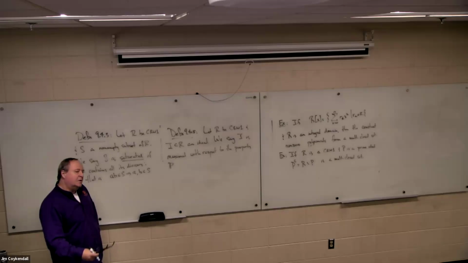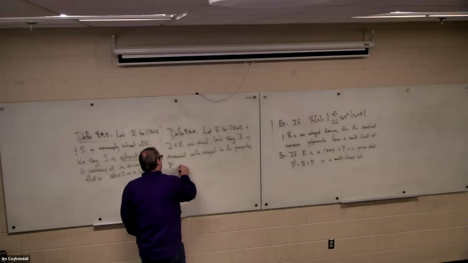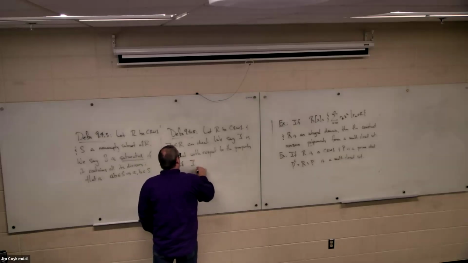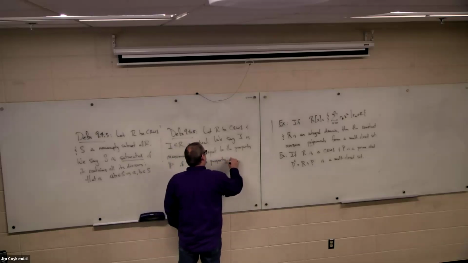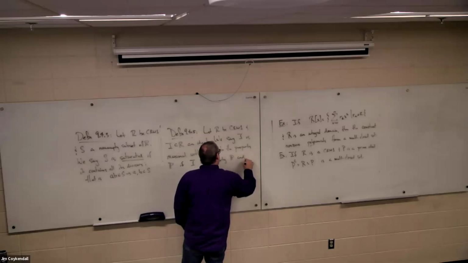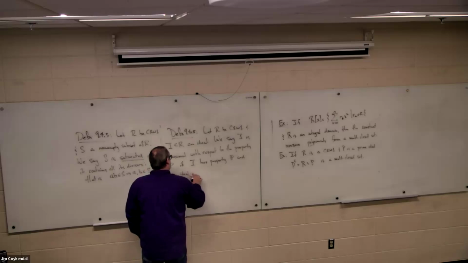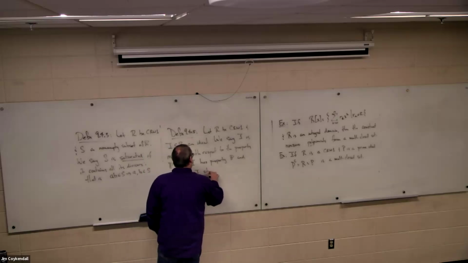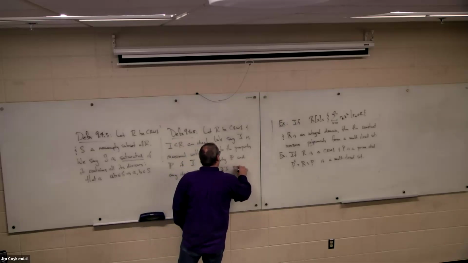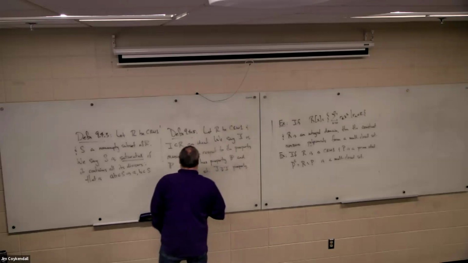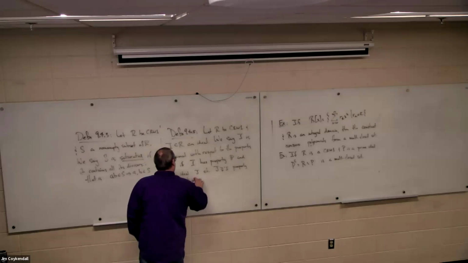P is prime, it's finitely generated, something like this. I is maximal with respect to P if I has property P and there is no ideal J such that J properly contains I and has property P.